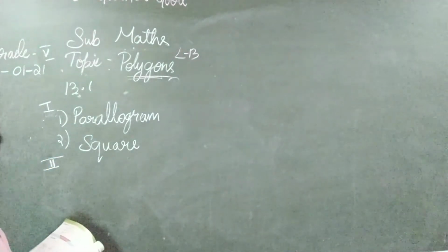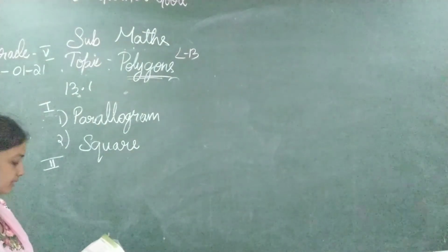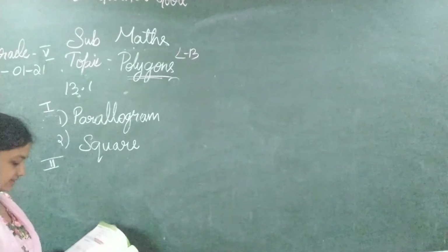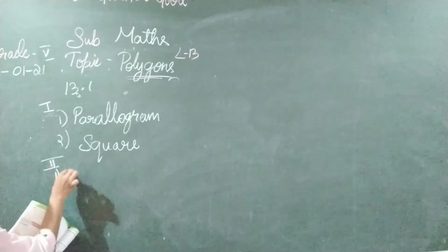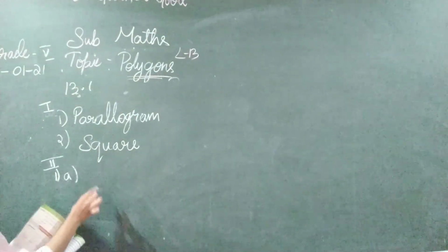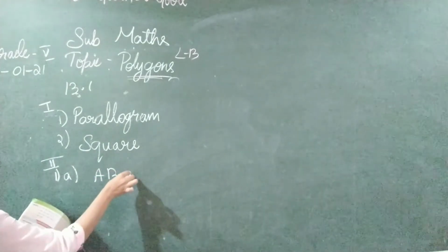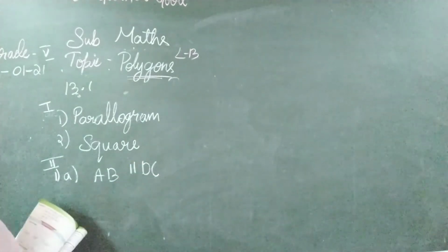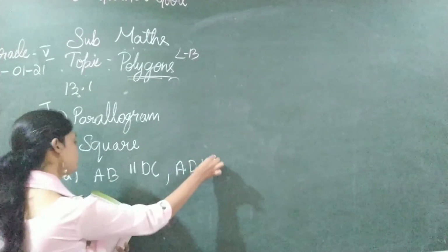Now let's go for the second question. I'll show you how to write the parallel sides. Mark and name equal and parallel sides. So first one: which sides are parallel to each other in the figure, children? You can see side AB is parallel to DC, and also side AD is parallel to BC.